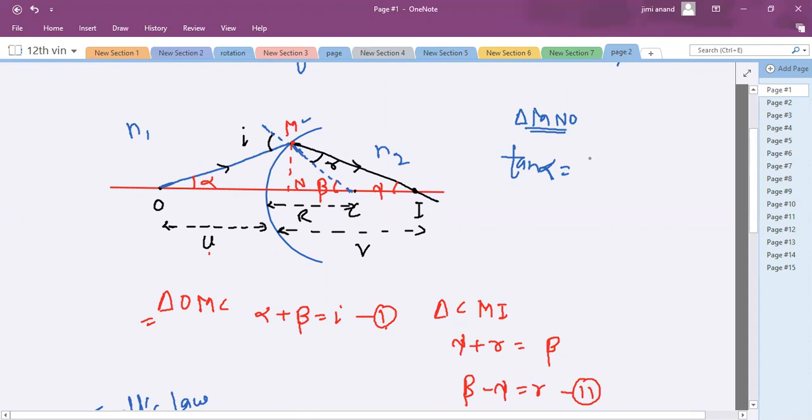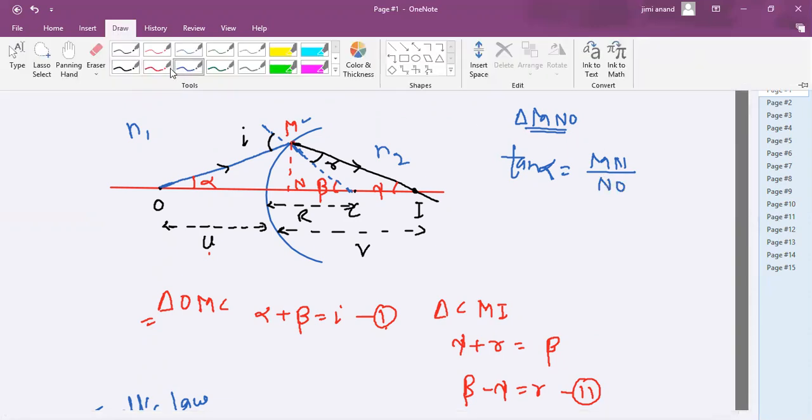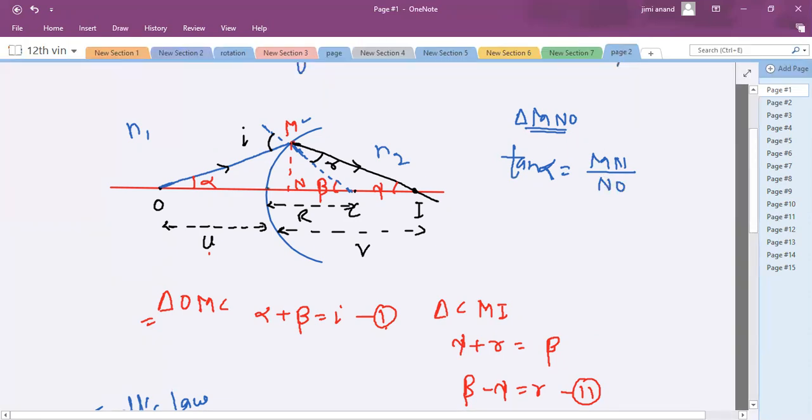We can say that tan alpha is height MN, and base is NO. One thing is very important here. Suppose this is point P. If alpha is very small, then we can say that N and P will coincide.